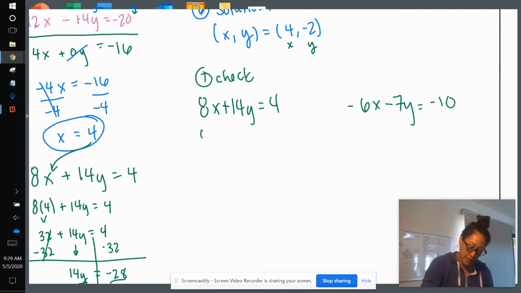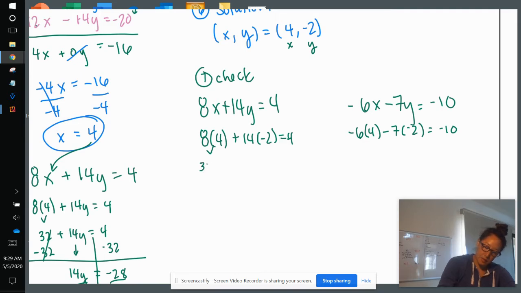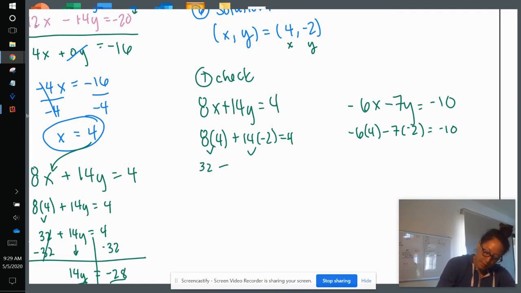So 8 times 4 plus 14 times -2 is equal to 4. And then -6 times 4 minus 7 times -2 is equal to -10. All right, simplify. 8 times 4 is 32. 14 times -2 is -28, is equal to -4. Write that a little clearer.